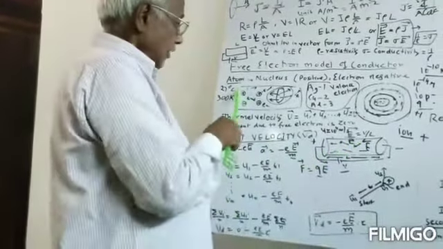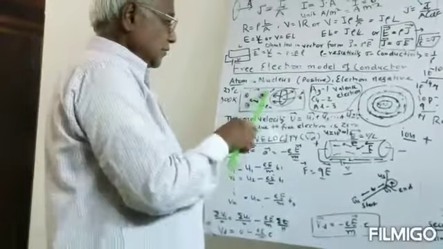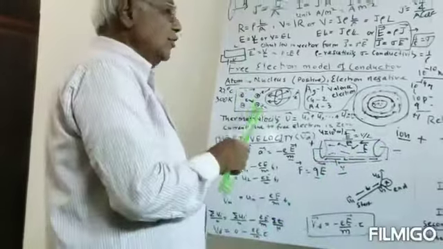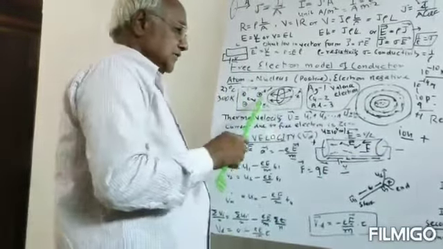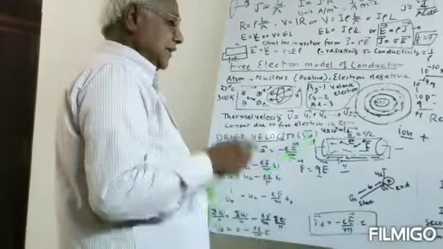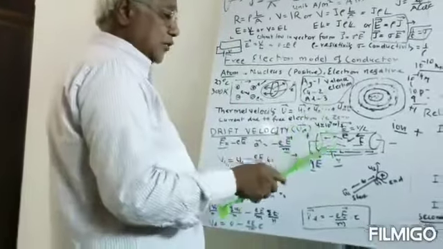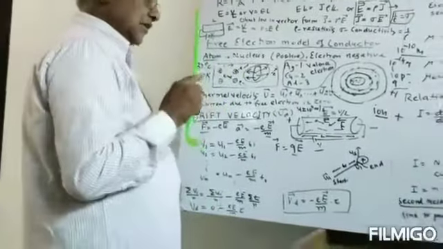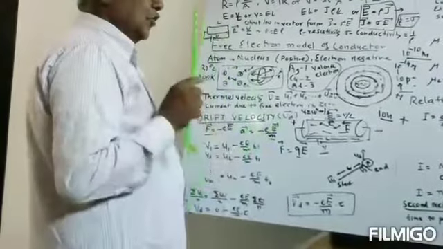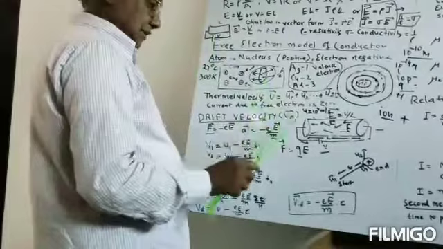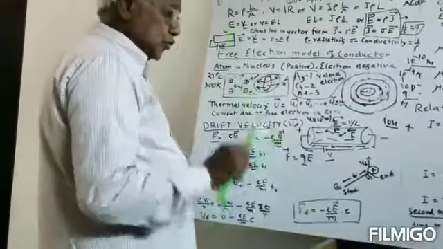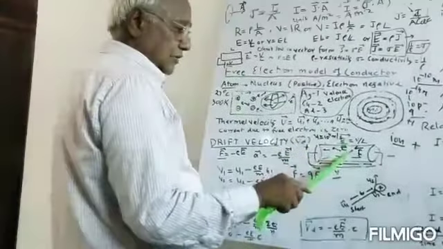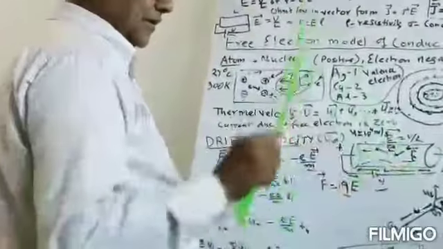Previously I showed that the electrons move in random directions, but now the total force acts on the electron, and the direction of the thermal velocity will be changed. So the total velocity will be the thermal velocity superimposed by the velocity due to the acceleration of the charge.